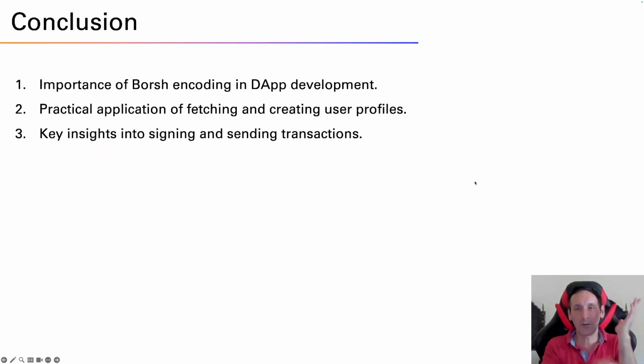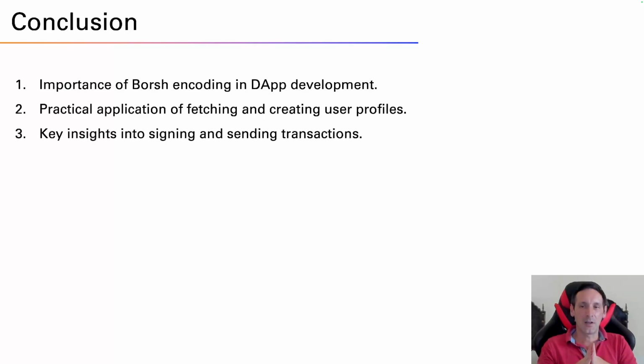So yeah, we got to the end of the video finally. In conclusion, we've covered the core aspects of Solana transaction encoding, with a particular focus on the significance of Borsh encoding, which is a binary format that is super efficient, super optimized for this blockchain use case with Solana.